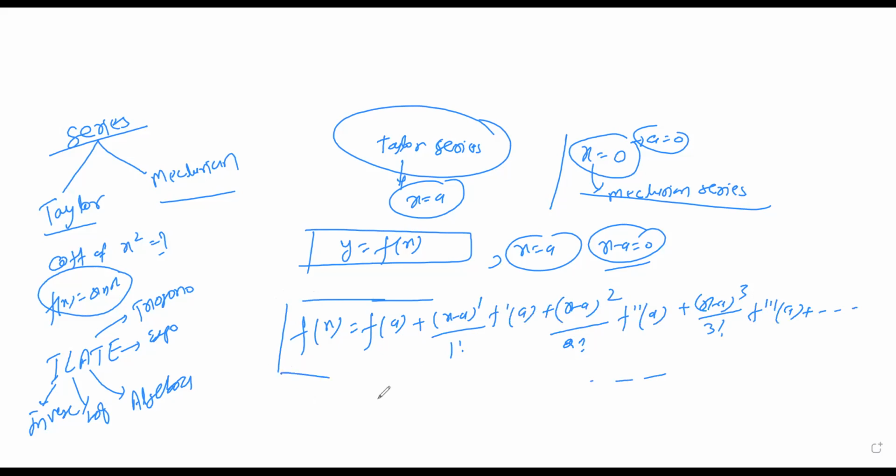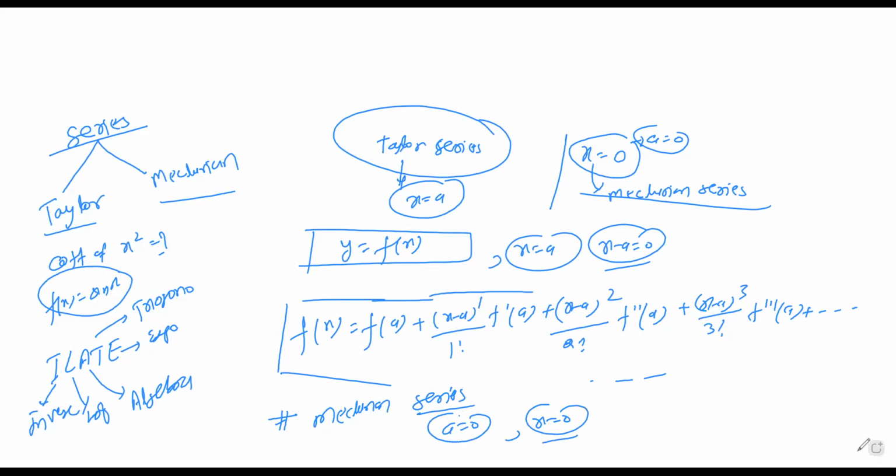For Maclaurin series, a must be equal to 0. It means x will be equal to 0. So wherever a is there in the Taylor series, you put 0.